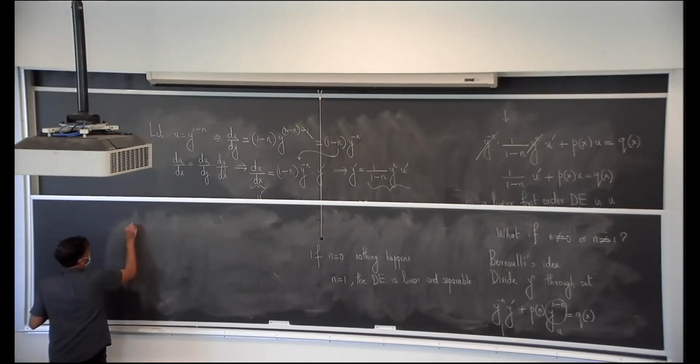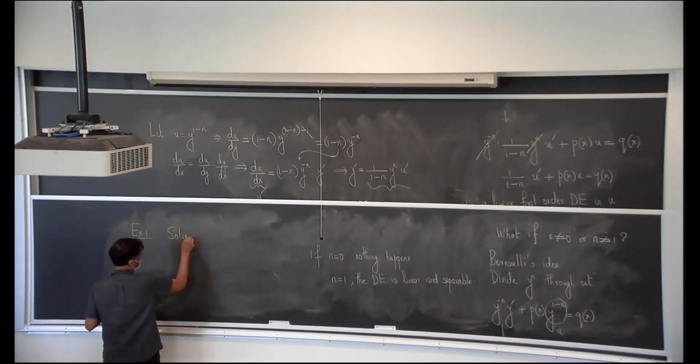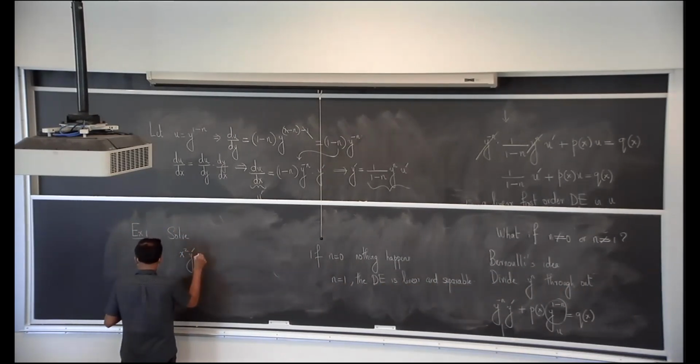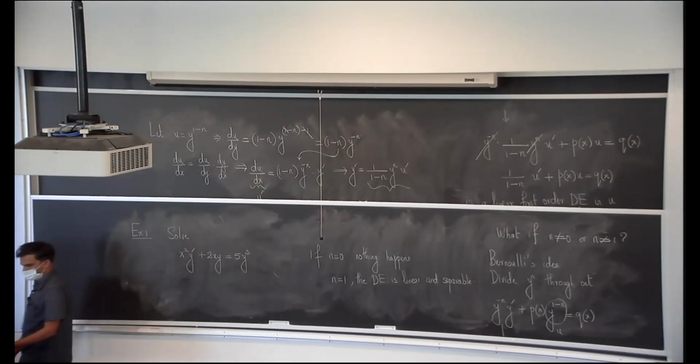Example 1. Solve, which means find the general solution to x squared y prime plus 2xy equal to 5y to the power of 3. Okay, so that is the non-linear term.